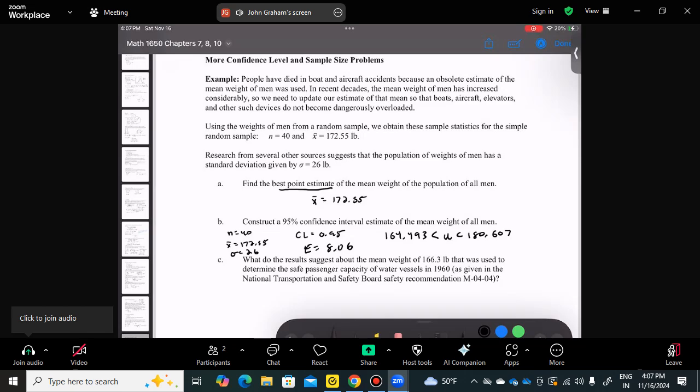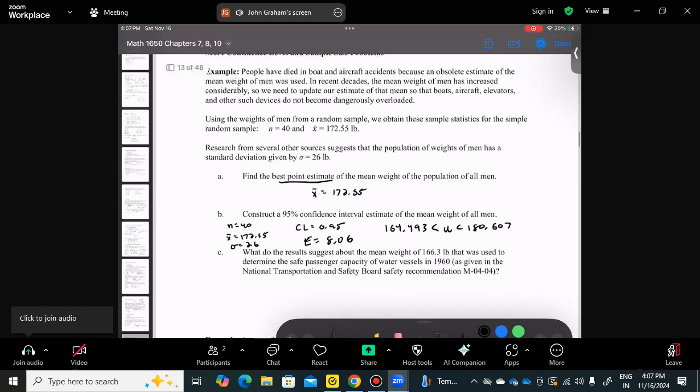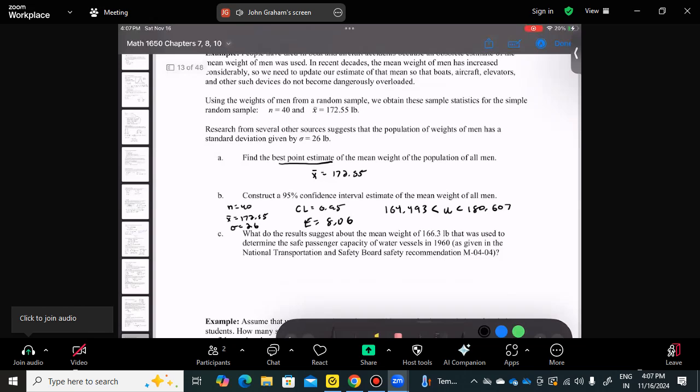What do the results suggest about the mean weight of 166.3 that was used to determine the safe passenger capacity of water vessels in 1960?